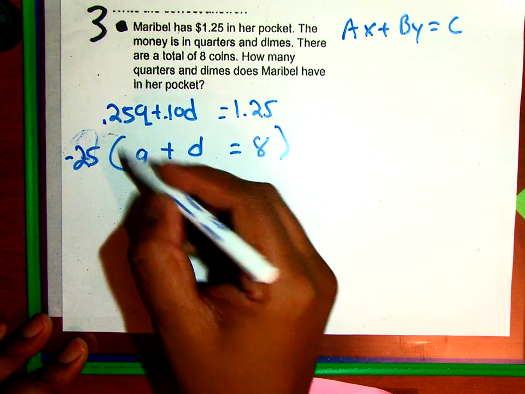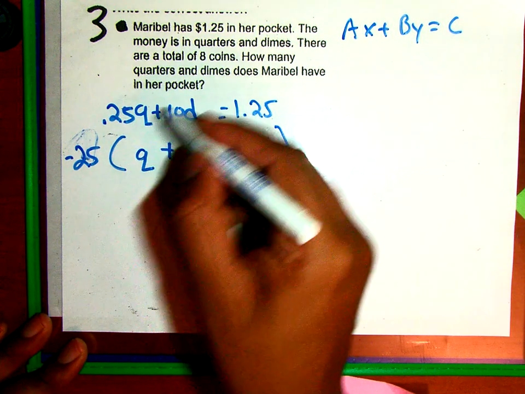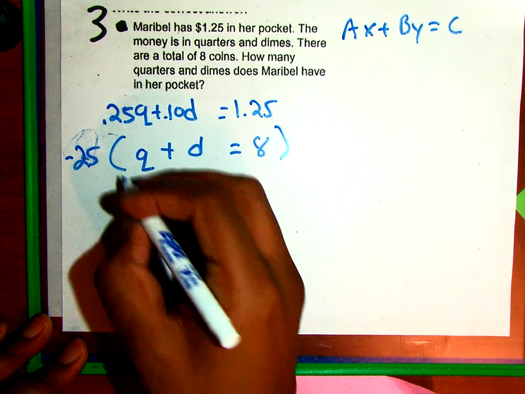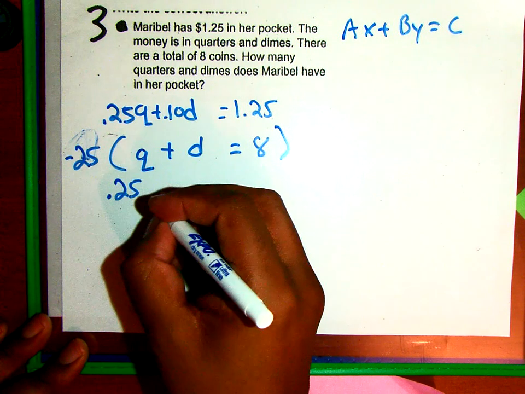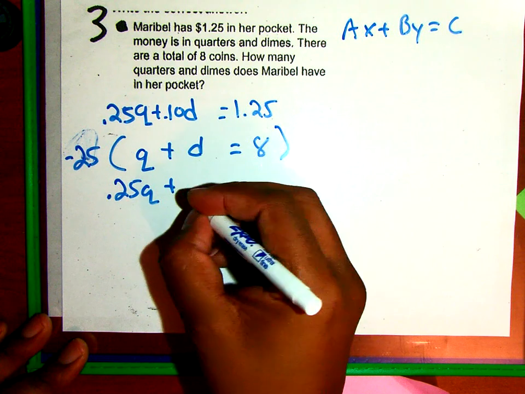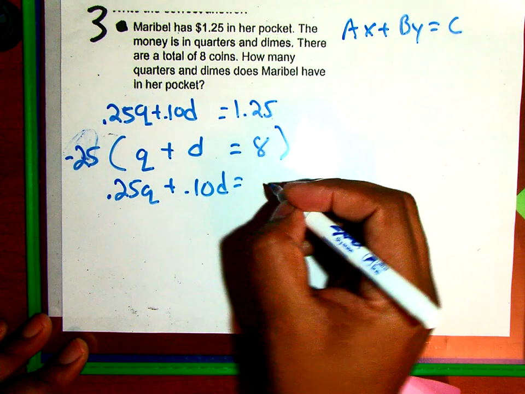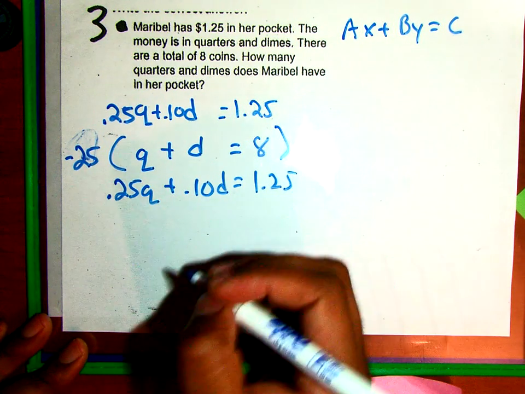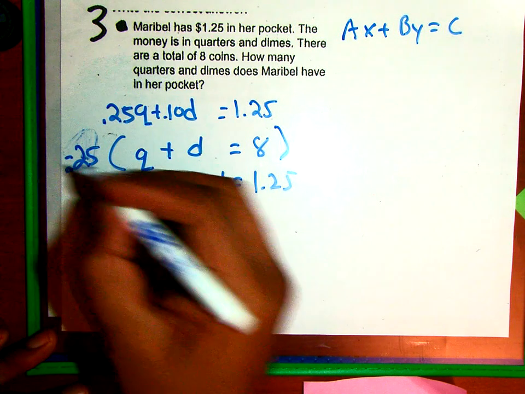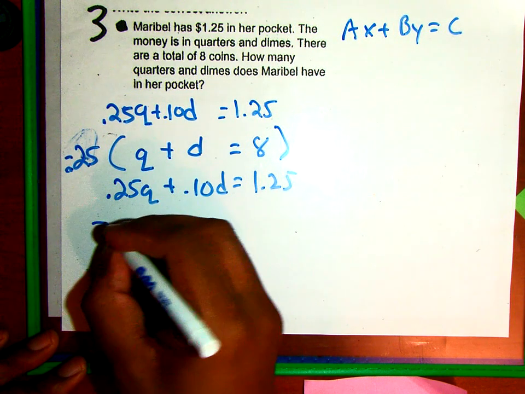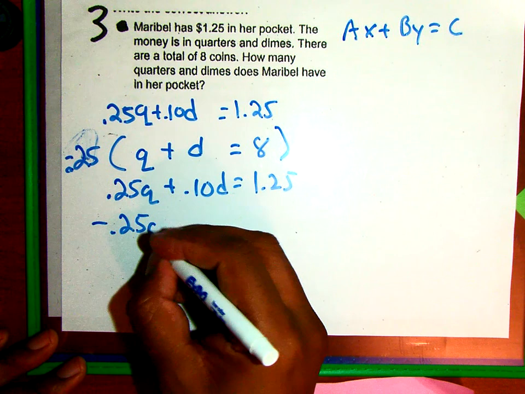And that'll give me a negative 0.25 to add here so I can eliminate. So I'm going to rewrite this first one, 0.25Q plus 0.10D is equal to 1.25. And negative 0.25 times Q will be negative 0.25Q.